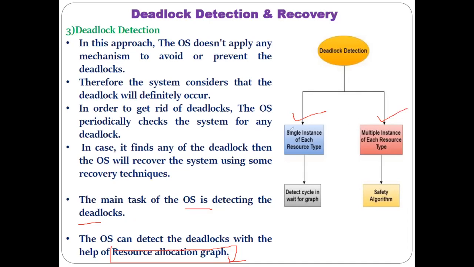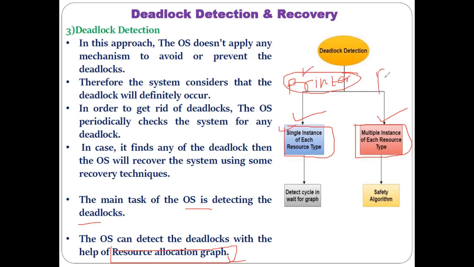Deadlock detection can be done when a single instance of each resource type is available, and in the second case, where multiple instances of each resource type are available. Single instance of each resource type means, for example, a printer. Printer is one resource. If only one printer is available, that is the single instance of each resource type.